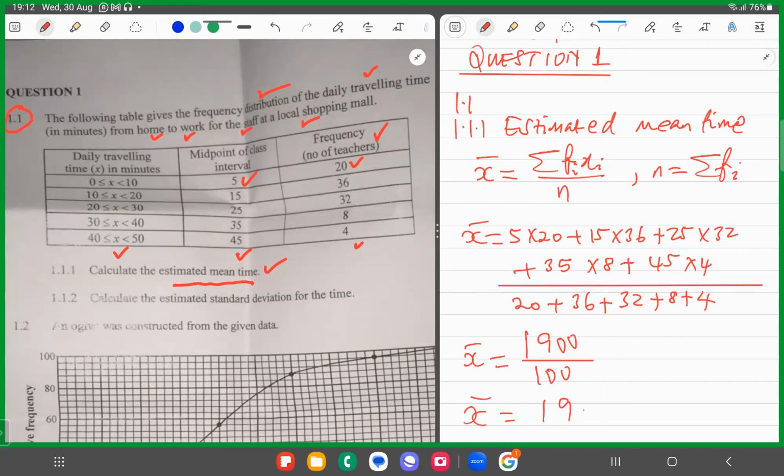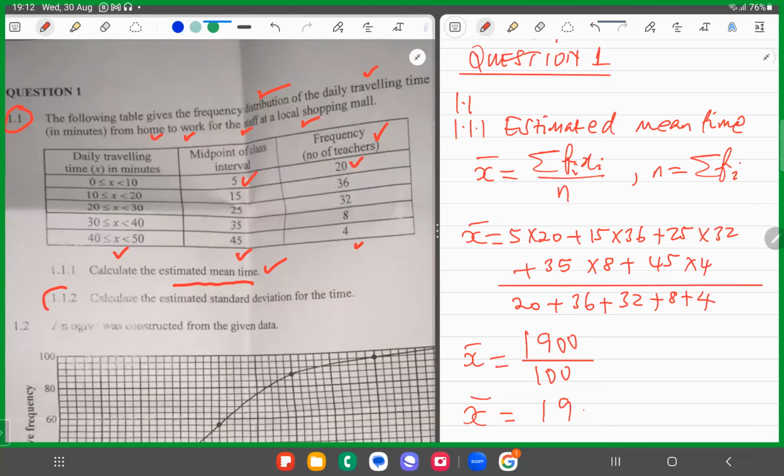Now you just have to get to the matric class and sit in the class and collect your marks. And therefore, collecting your marks will give you the distinction you most certainly desire. Okay, so that is what we have. The estimated mean is 19.